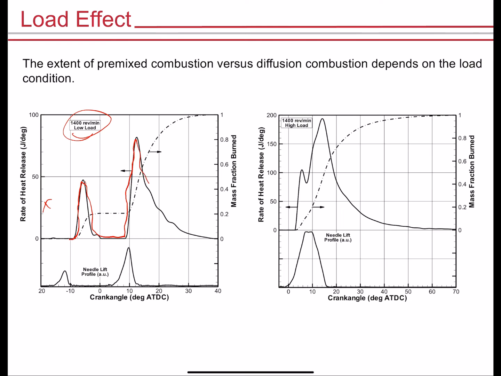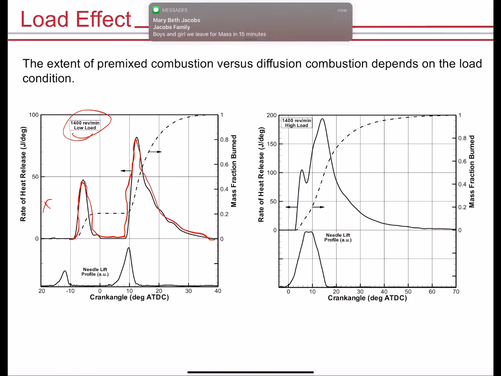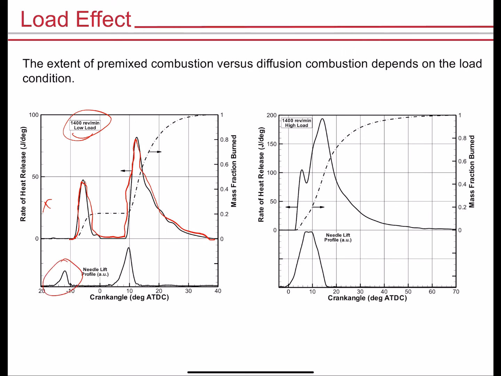They're two humps of premix burning, and the reason that's happening is because we're using something we call pilot injection. Pilot injection is a type of technology that was introduced in diesel engines in the last several decades as a means to create as much premix combustion as you possibly can. As you can see, even though we're at a low load condition, it works quite well. You have basically two modes of premix combustion.